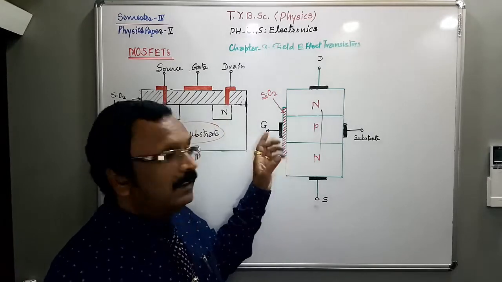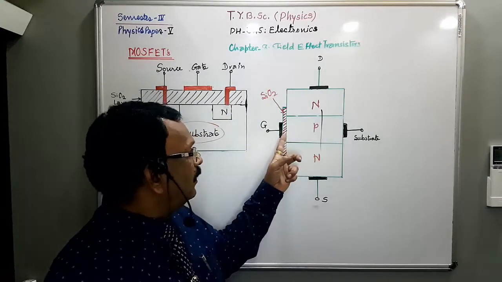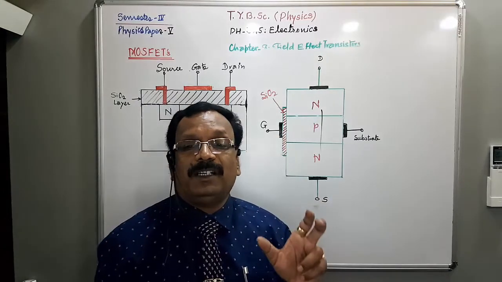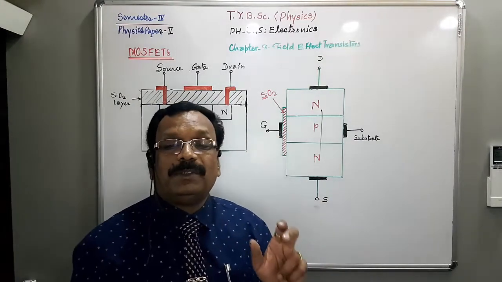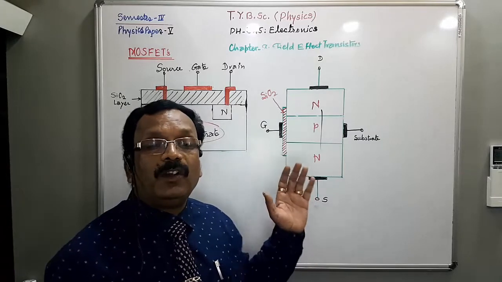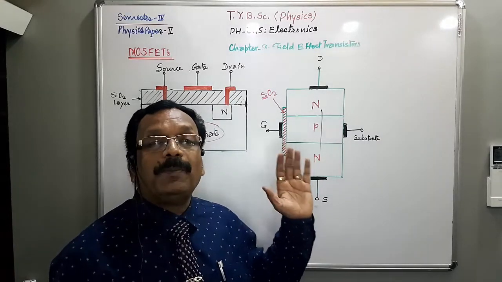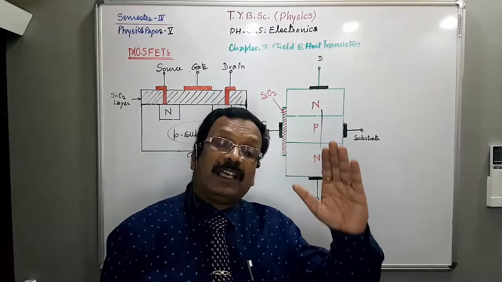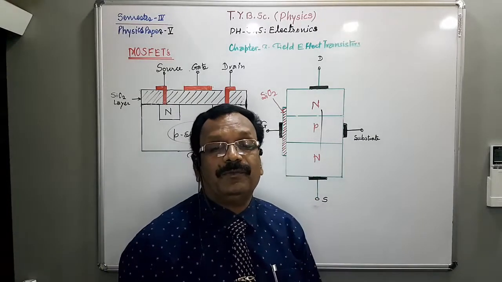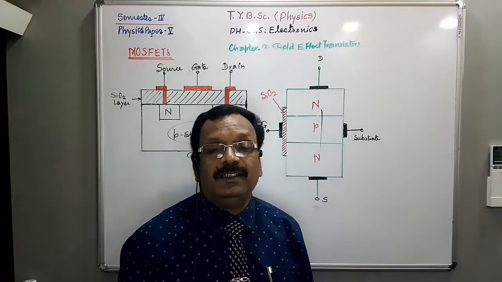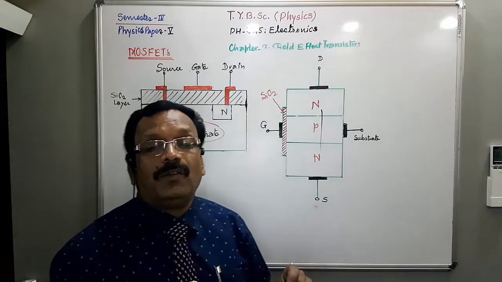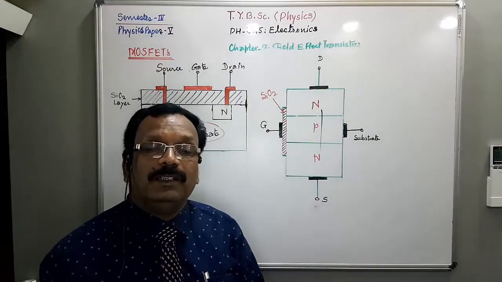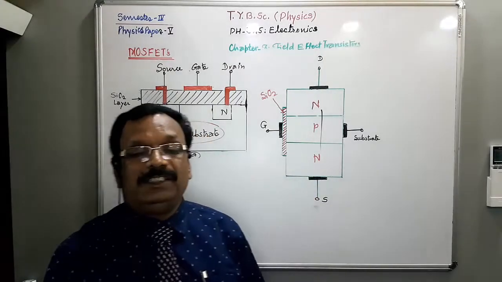That means the channel, the silicon dioxide layer and the metal gate plate form a parallel plate capacitor. We know that if one plate of a capacitor is made positive, it induces a negative charge on the opposite side and vice versa. The working of the enhancement type MOSFET in enhancement mode is based on this principle.